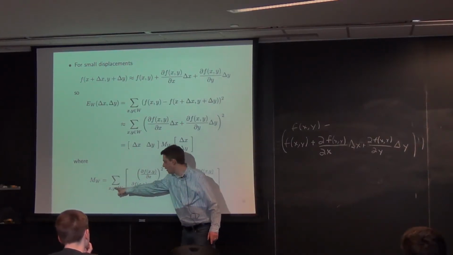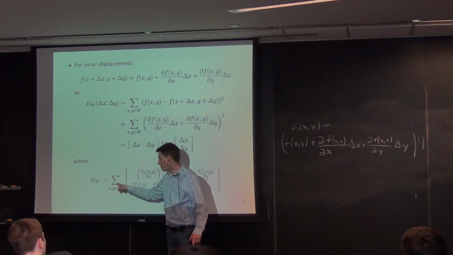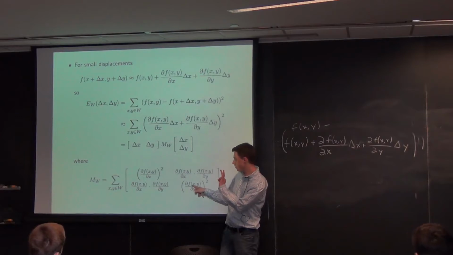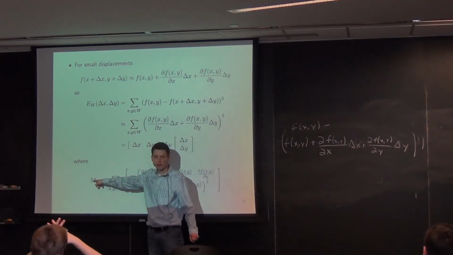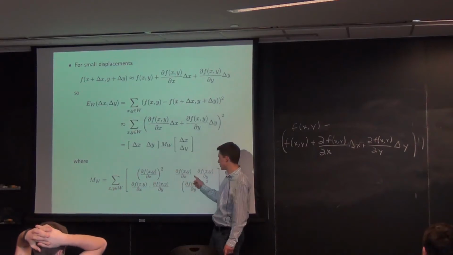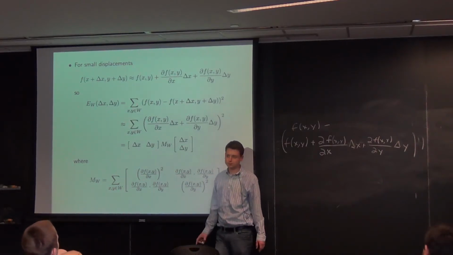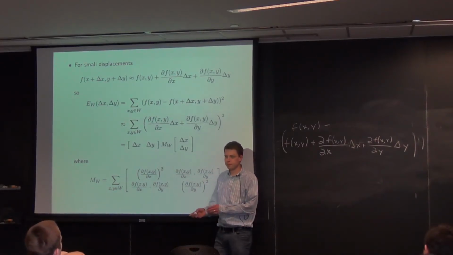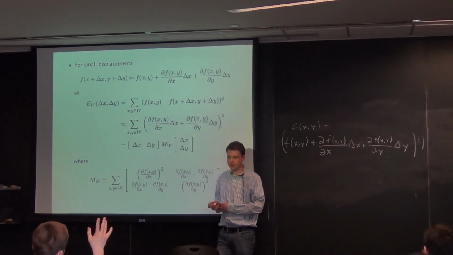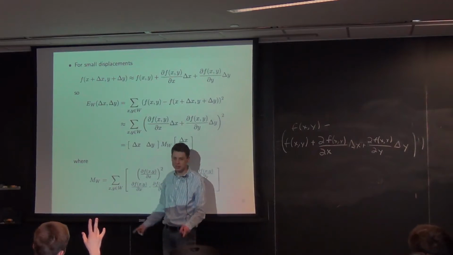Because we're convolving over this entire window, or rather we're summing over this entire window W. So computing this M matrix is kind of like doing 4 different convolutions. Really actually just 3 convolutions, because this one and this one are the same. Right, so we can compute it pretty easily, as long as this window's a reasonable size.